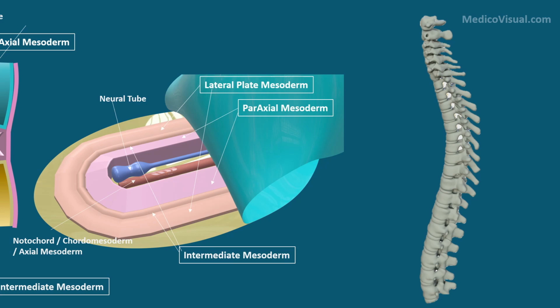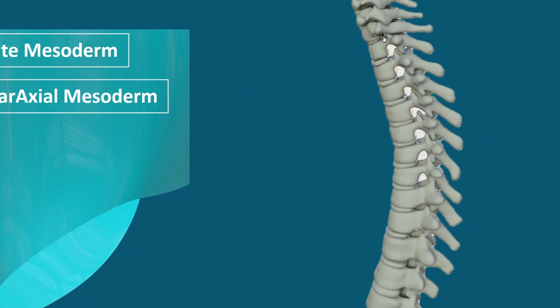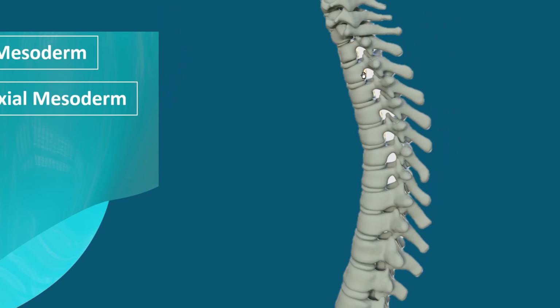Thus, this spinal cord is protected in such a way that it is encased by the vertebral column, and this vertebral column is made up of small segments called vertebrae. They are attached together to form the vertebral column, and this vertebral column is encasing the spinal cord. In this way it is protecting the spinal cord.